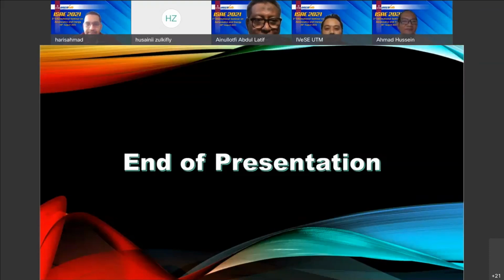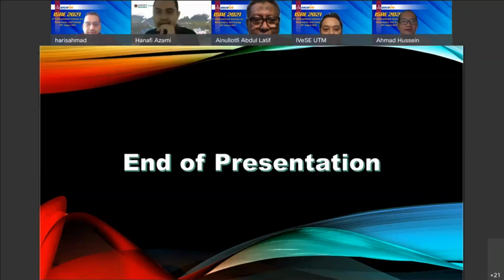Maybe to take a picture. Maybe just minimize the screen and make the audience screen bigger. I cannot minimize the screen. There's a layout option.